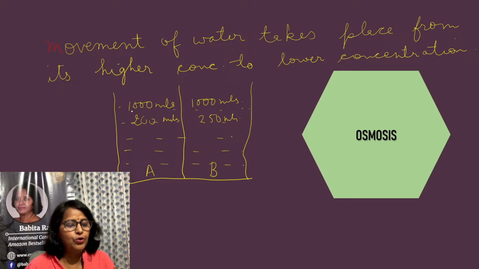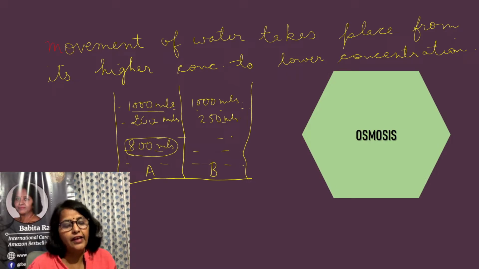Out of these 1000 molecules, how many sugar molecules are there? 200 sugar molecules are there. So 200 water molecules are associated with these 200 sugar molecules. So how many free molecules of water are there? There are 800 molecules of free water.